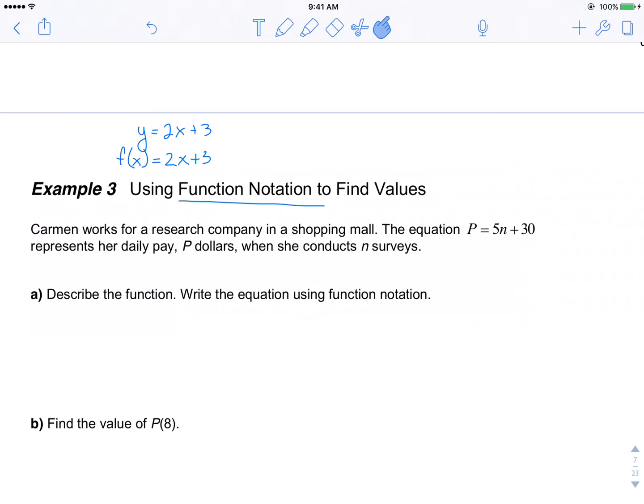Okay? So to describe the function, write the equation using function notation.